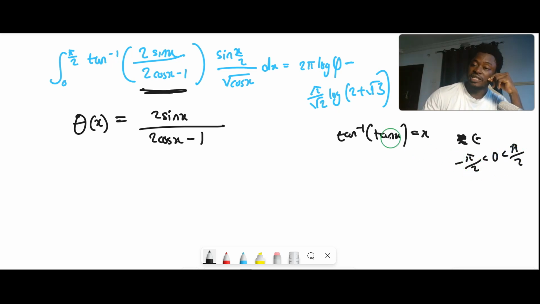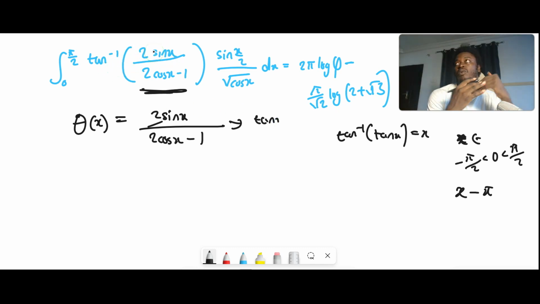If x is within this range, tan inverse of tan x will be x. But if x is not within this range, then it will be x minus pi. That tells us that if we could express this in terms of tan, then tan inverse of tan would equal something. So it is possible to actually simplify the argument of this inverse tangent. If it is possible, then the problem can be easily solved.